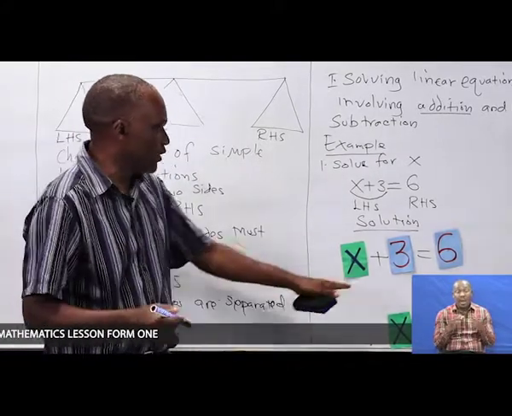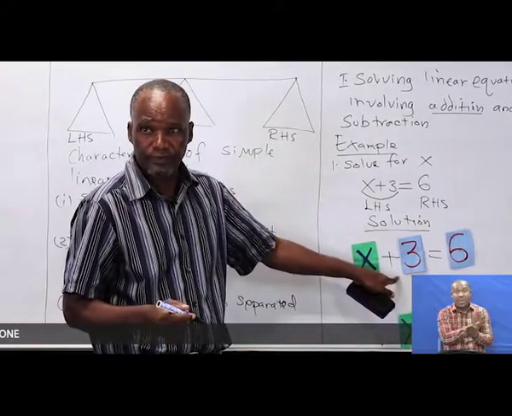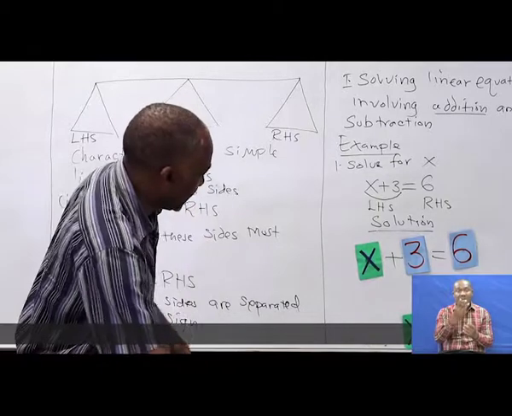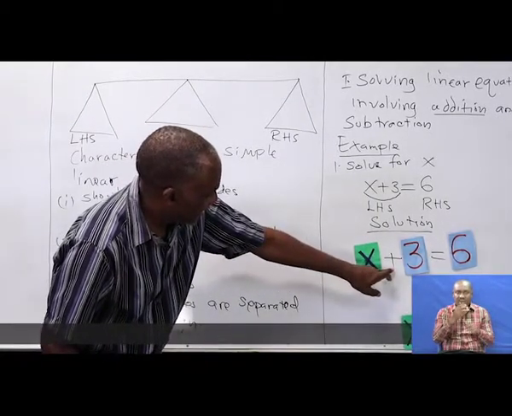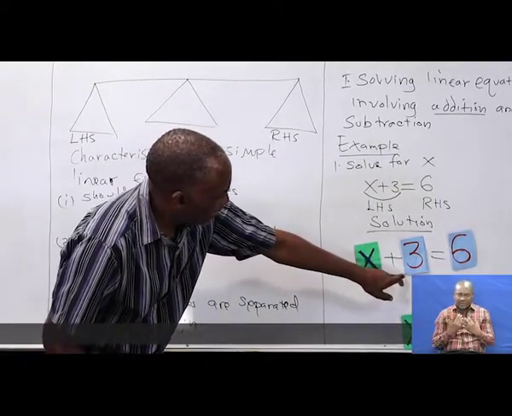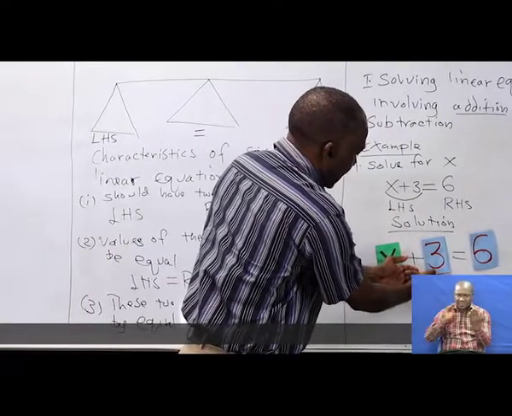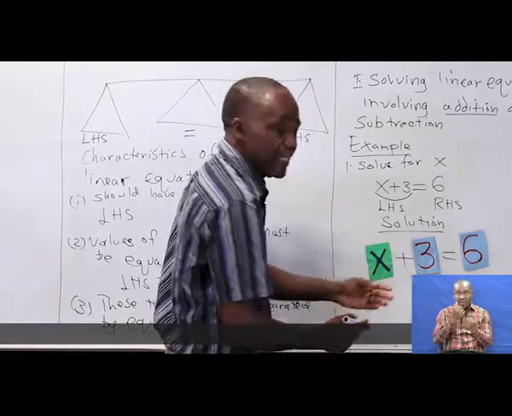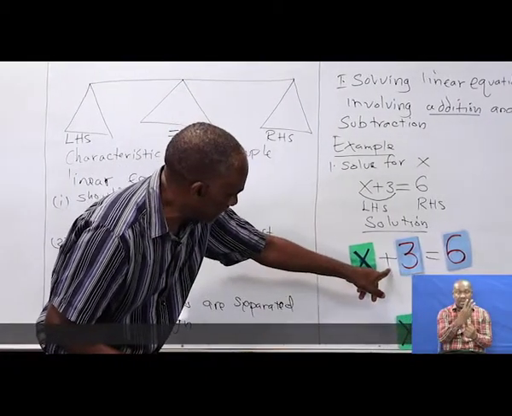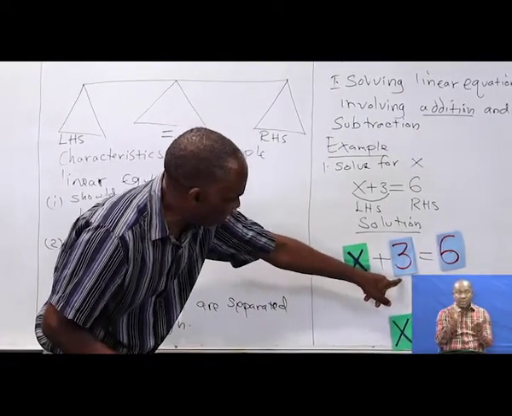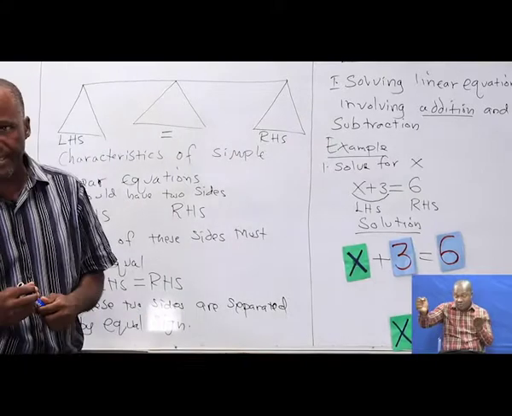How are we going to remove this one? Because it's addition, in order to remove this 3, we need to take away.